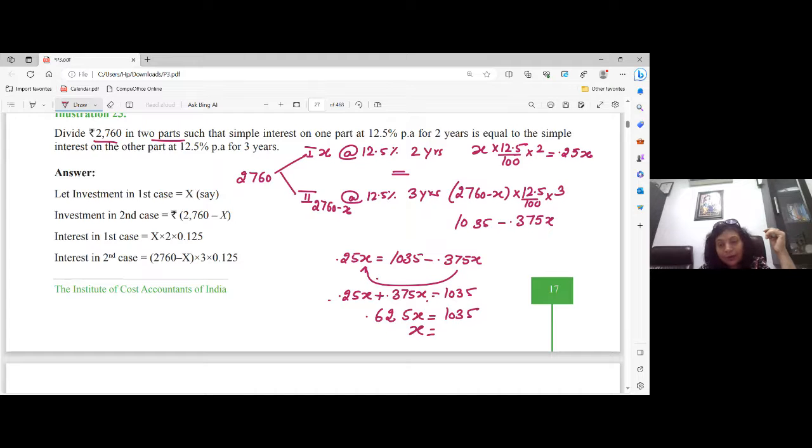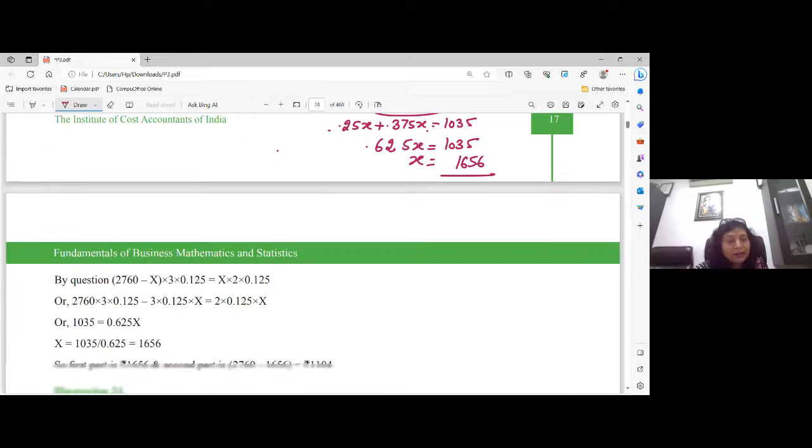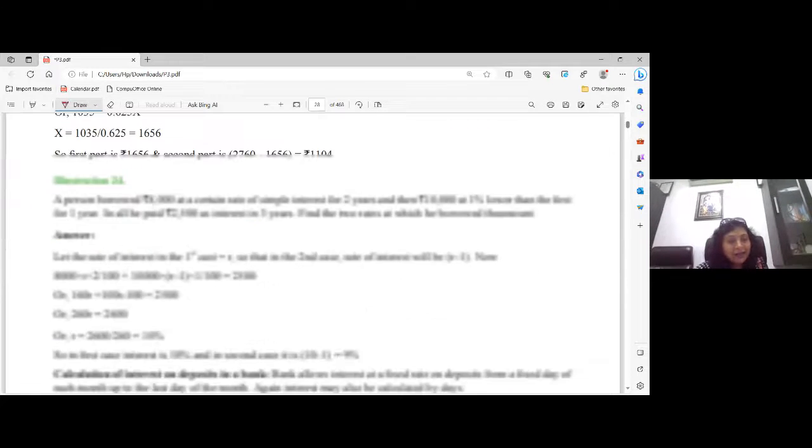So x is equal to 1035 divided by 0.625. So your answer is 1656. That means first part is 1656, second part is 2760 minus 1656, that becomes 1104. So these are the two parts, 1656 and 1104.